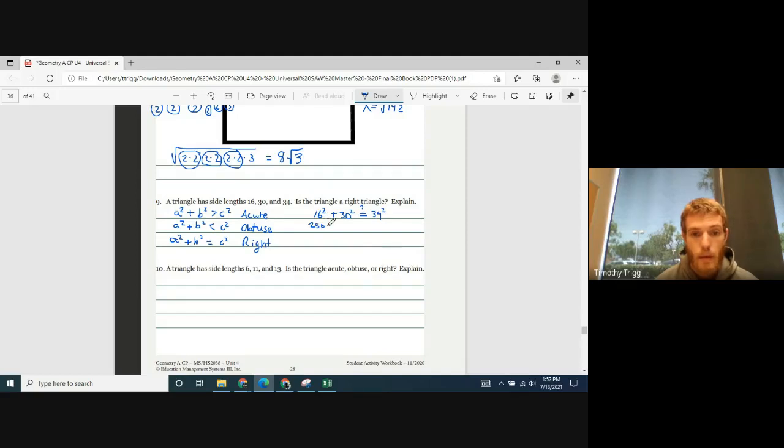256 plus 30 squared, that's 900, equals 34 squared, which is, and again, I should probably put a question mark here because I don't know if it's equal, 1156. So do these two add to that?